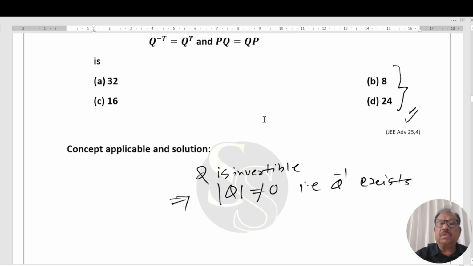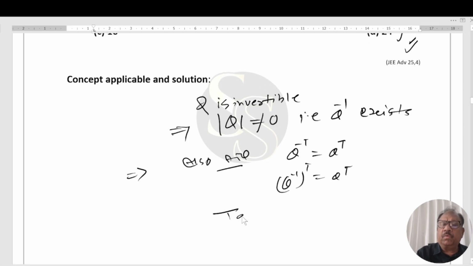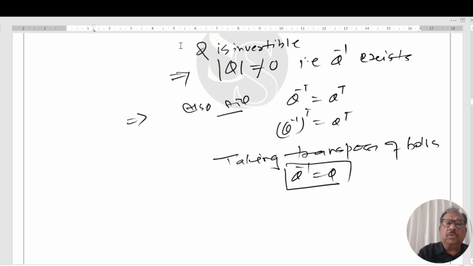Also, according to the question, Q^-1 = Q^T. Taking the transpose of both sides, Q inverse equals Q inverse.